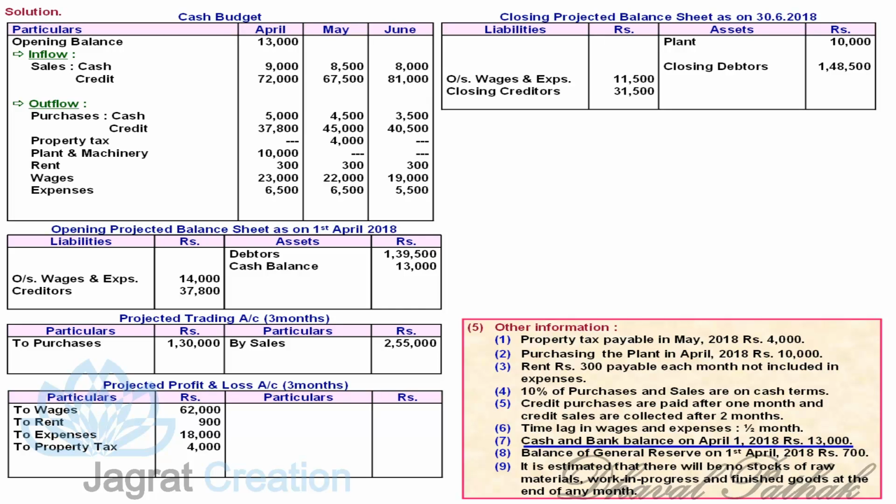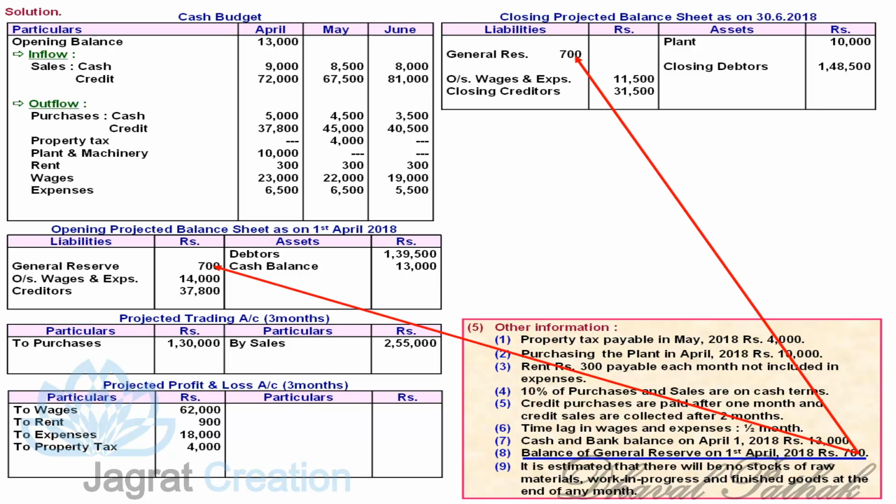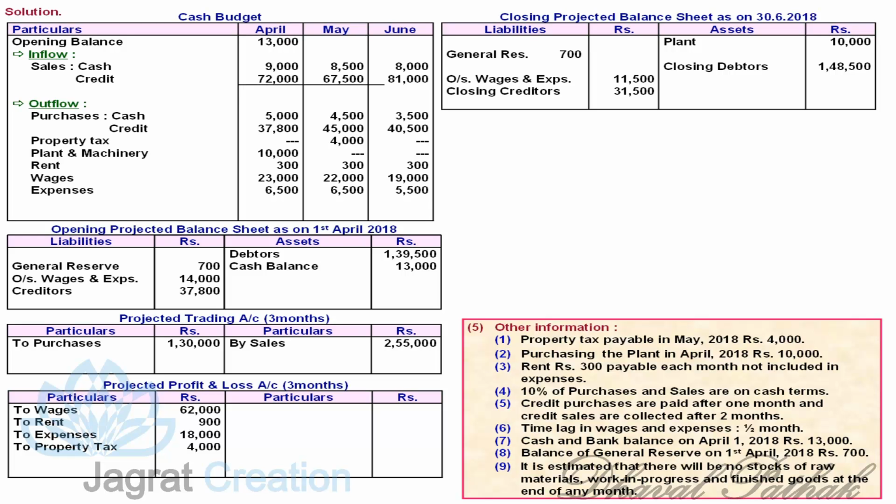Opening balance 13,000 plus cash inflow. Let me consider the opening general reserves that I write on the liability side of the balance sheet, and same is recorded in the closing balance sheet. Now let me close the cash budget. 13,000 plus 9,000 plus 72,000. That is total cash receipts in April.